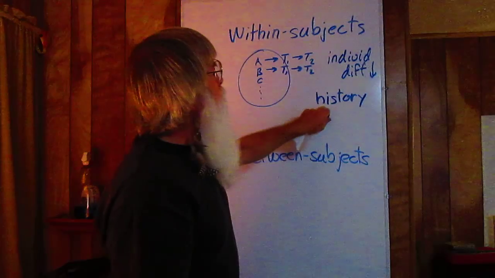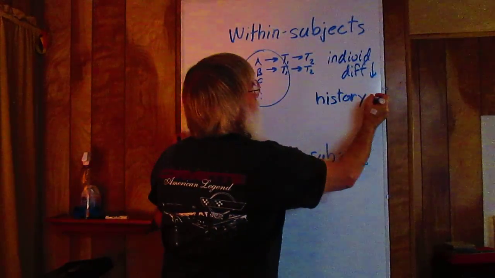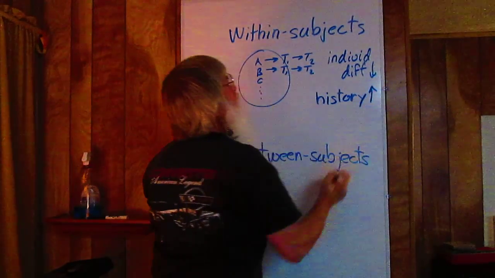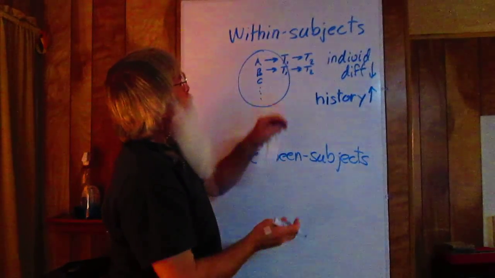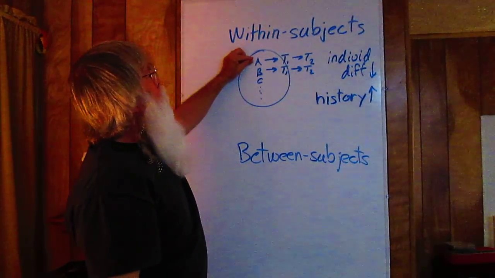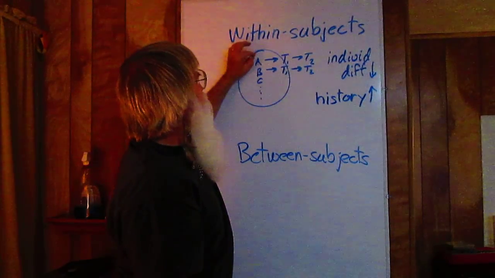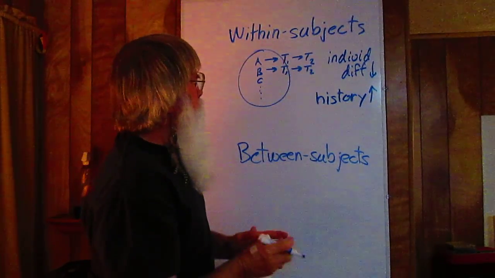But you have some kind of an effect over time. So history effects are increased. So an advantage is individual differences are diminished because we work with the same set of characteristics with each participant in treatment 1 and treatment 2.